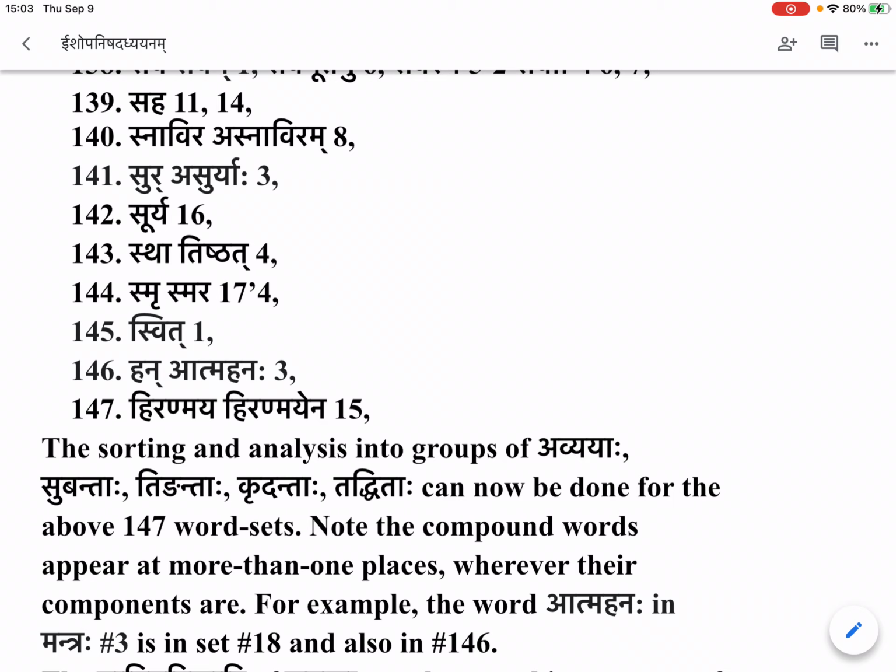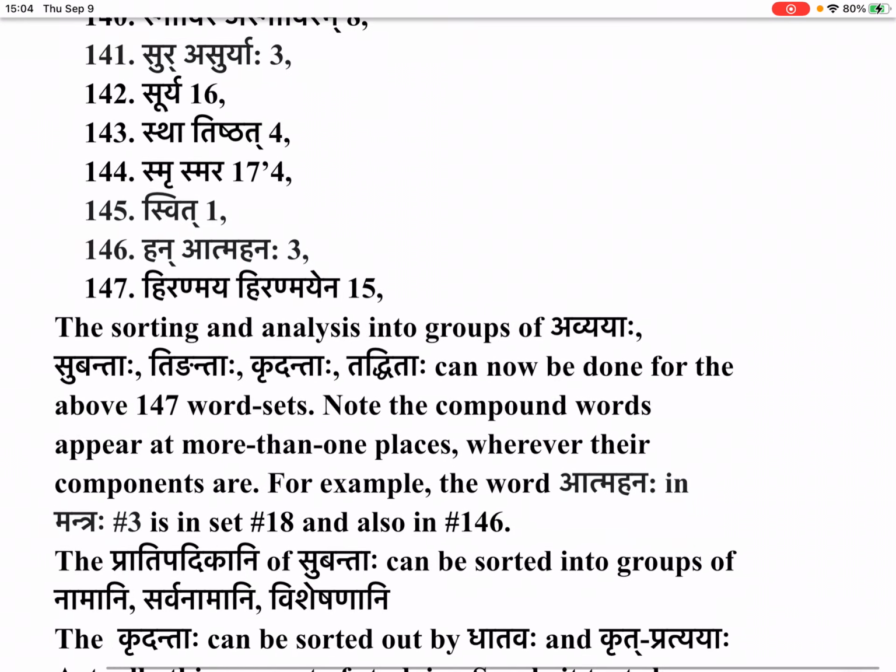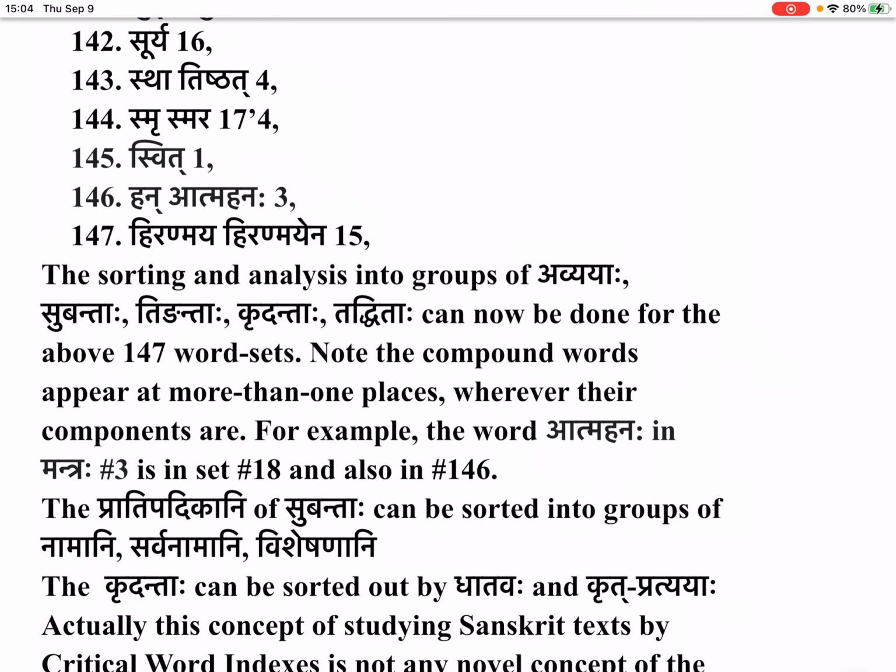The sorting and analysis into groups of avyayaha, subantaha, tigantaha, krudantaha, tadhitaha can now be done for the above 147 words. Note, the compound words appear at more than one places, wherever their components are. For example, the word Atmahanaha in mantra number 3 is in set number 18 for Atman, and also in number 146 for the part Han.